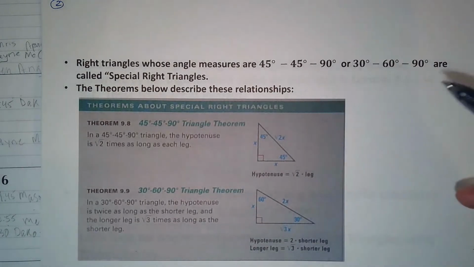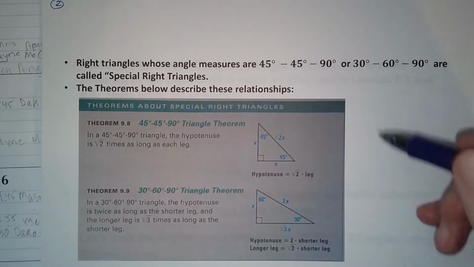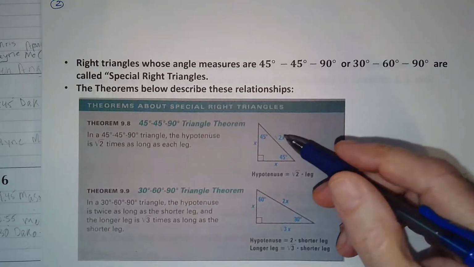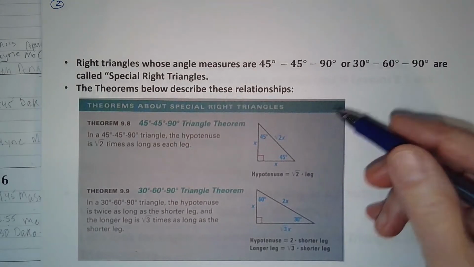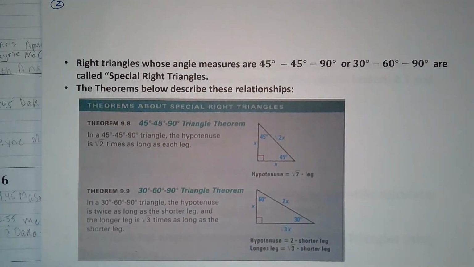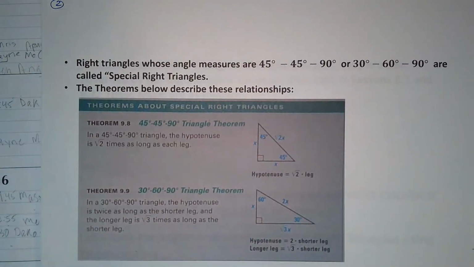This is a look at the theorems revolving around special right triangles. We've already looked at this before, and it's a review. You've got two types of special right triangles. The first one is the 45-45-90 triangle. The second one is the 30-60-90 triangle.